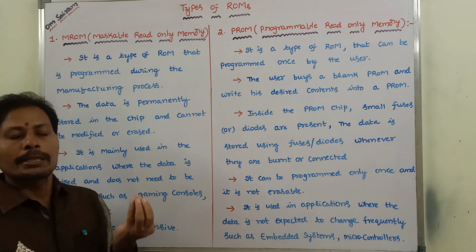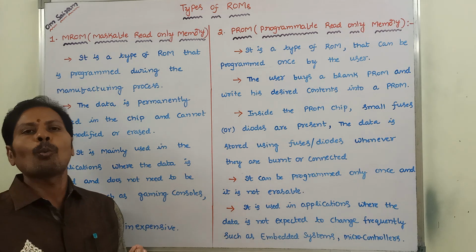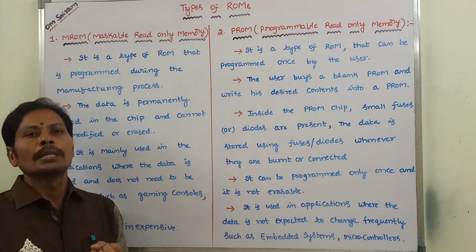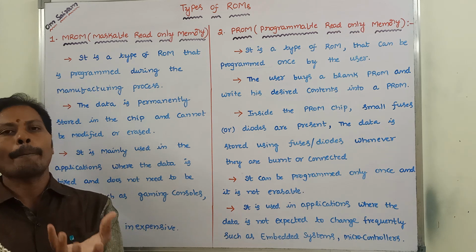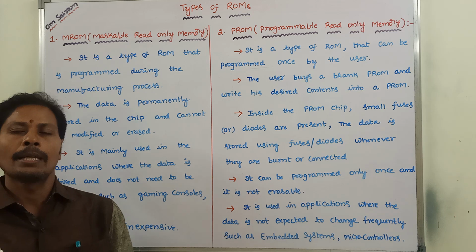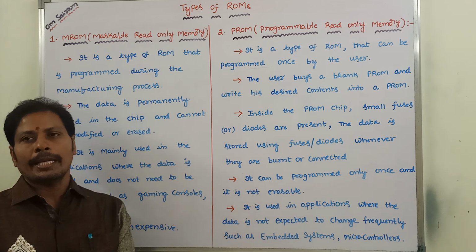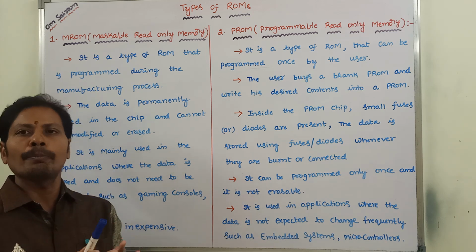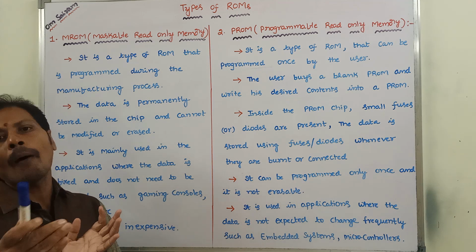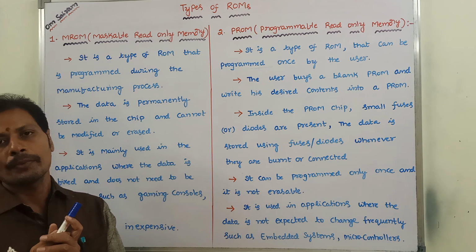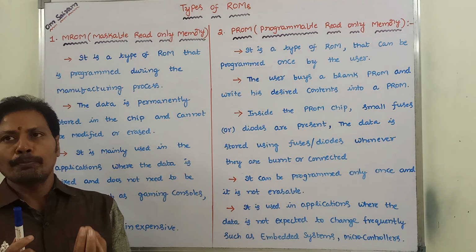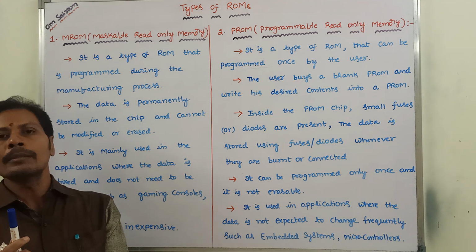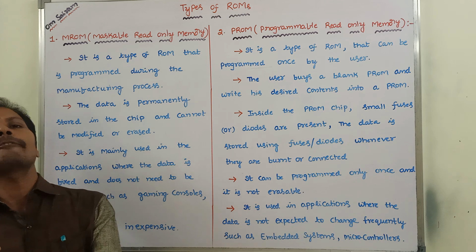That means it is one type of ROM that can be programmed only during the manufacturing process. Programmed is nothing but the data can be written into the ROM. That means the ROM can be programmed during the manufacturing process.